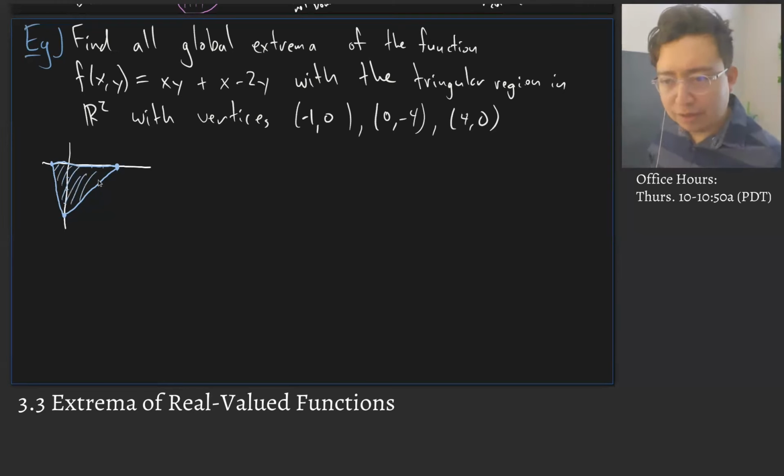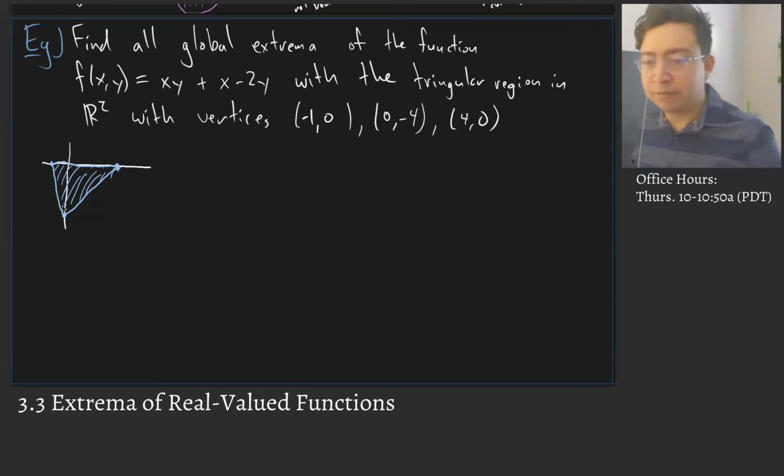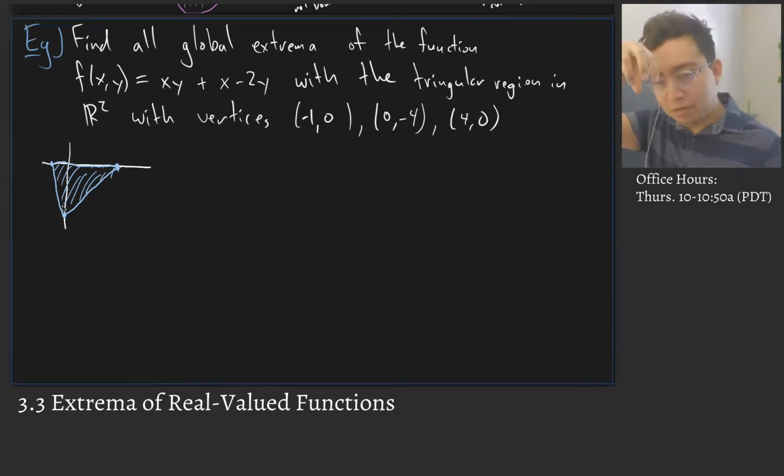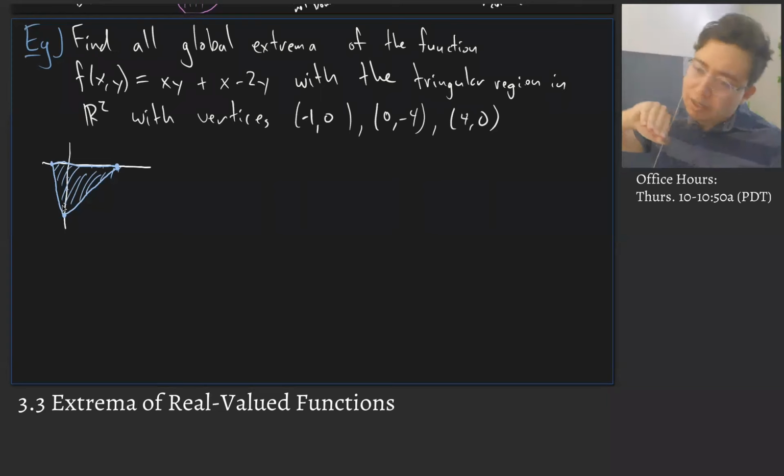You can fit it on some finite sheet of paper, and it's closed because it includes the boundary. Because of that, we say this is a closed and bounded set. So we're going to find some extrema, whether it's one of these peaks or valleys from the local extrema, or along the edge of this.